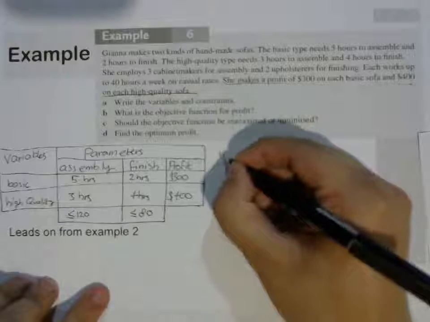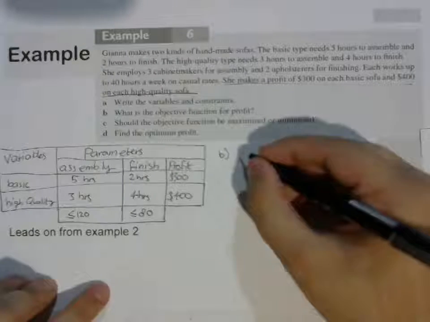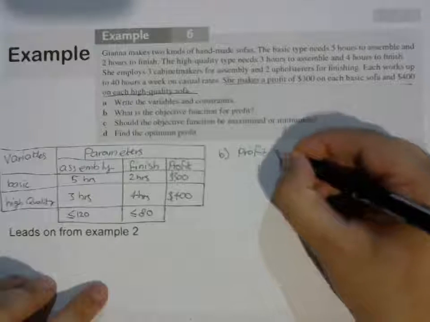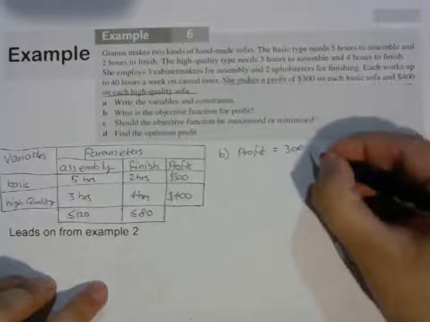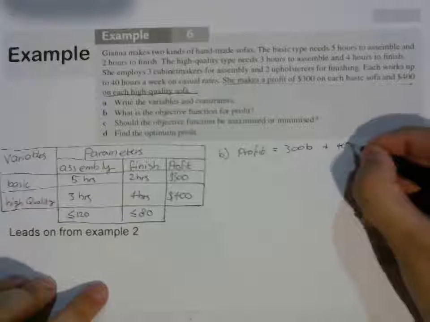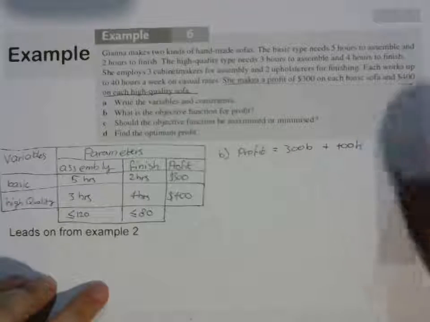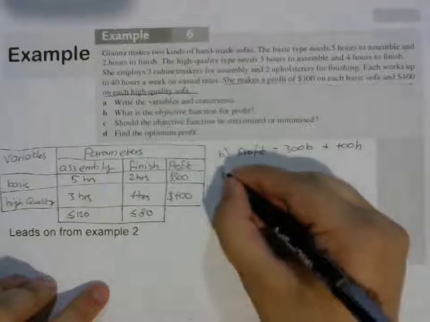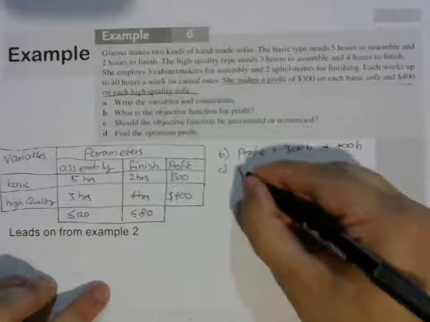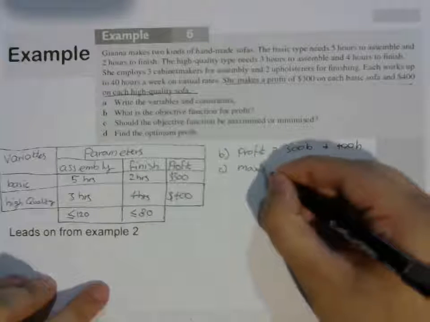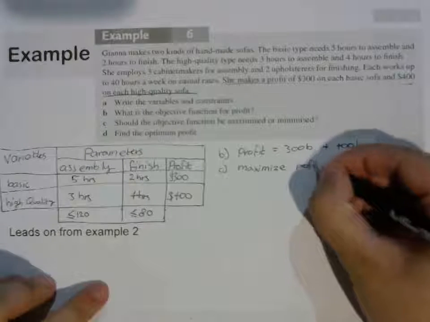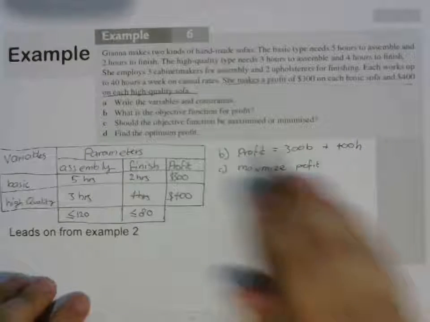So the objective function is actually rather simple. The profit equals 300 times the basic sofas plus 400 times the high quality sofas. And this is profit, so we want to maximize this function, so we want the profit to be as large as possible.